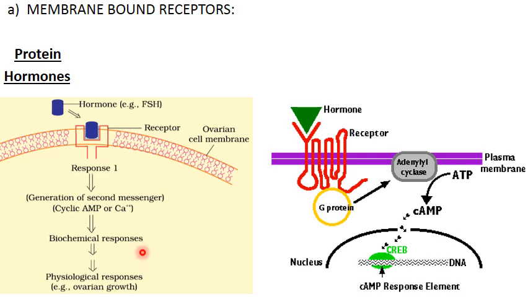And biochemical responses by formation of enzymes that is going to alter the biochemical response, accelerate it, and as a result produce the physiological response. For example, in this case, ovarian growth. Like we said, what is the function of a follicle stimulating hormone? That is, it's going to cause the growth of the ovarian follicles. So this will be the response to the FSH when it binds to the receptor here.